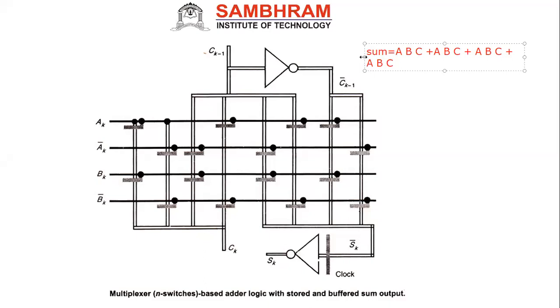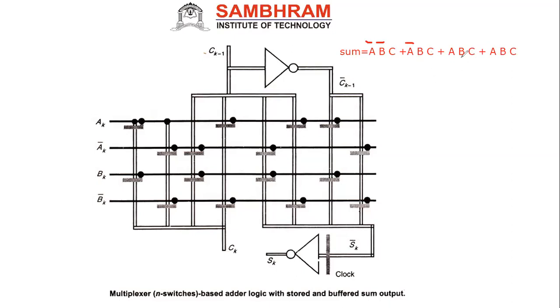Don't get confused about why it is written like this. First, 0, 0, 1: sum is actually 1 for 0, 0, 1, so A bar, B bar, with control signal 0, 0. Next, I get sum as 1 for 0, 1, 0; you should assume C is 0 here.